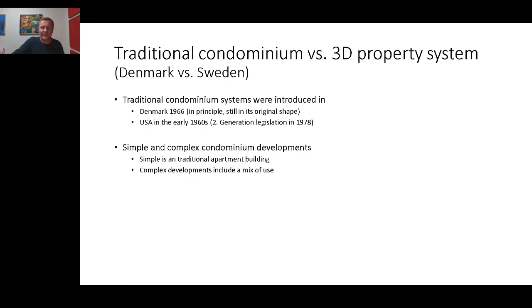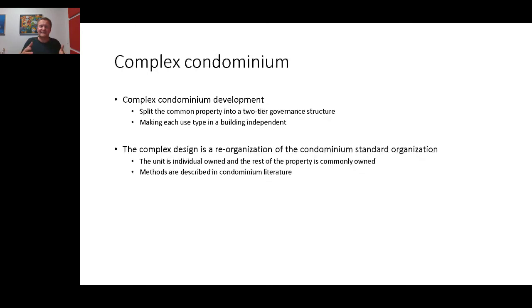So in the complex condominium development, such as a building with a mix of commercial and housing condominiums, you have a need to split this common property of different facilities or parts of the building, because each condominium does not have the same benefits.